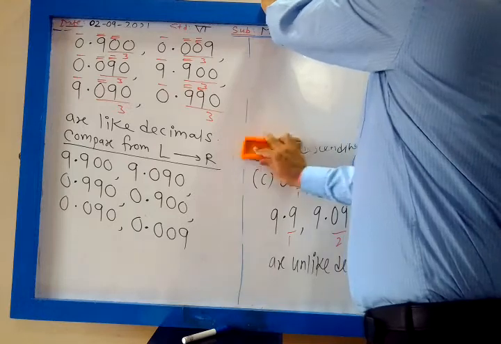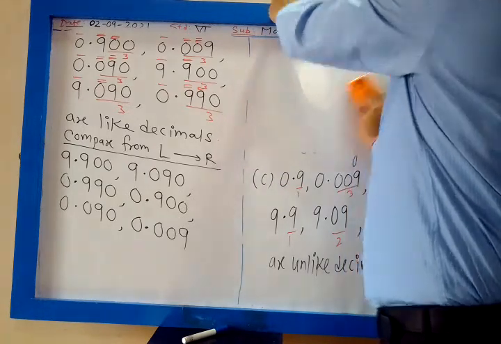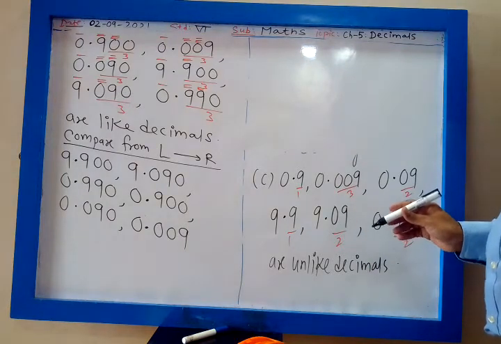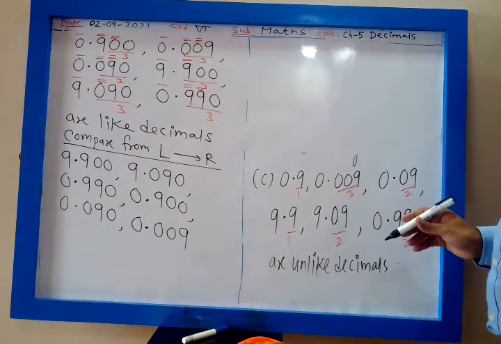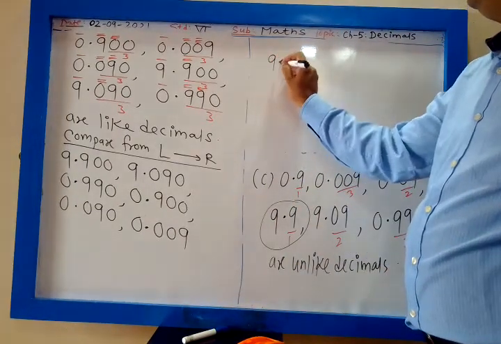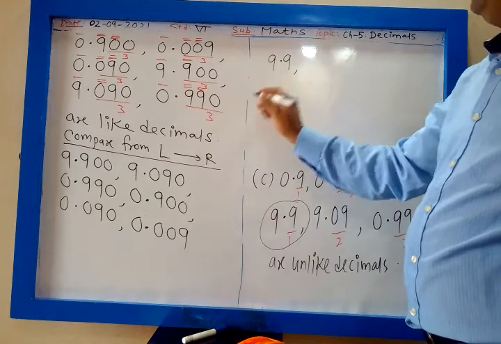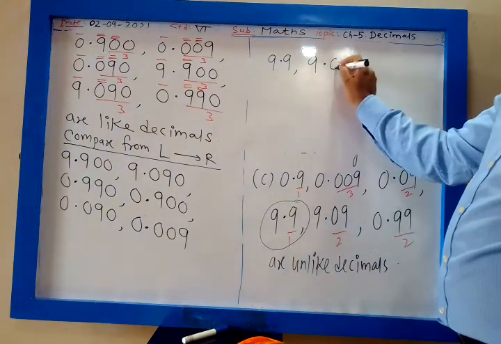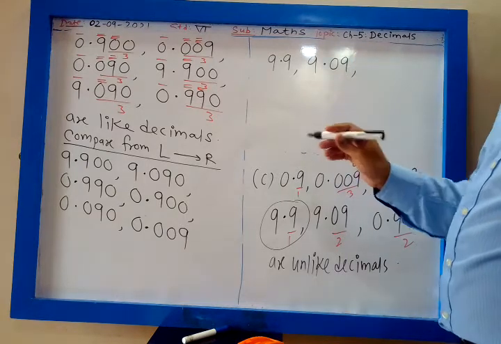Okay. So tell me, what is 9.900? That is this number. 9.900 is 9.9, no my dear. Then 9.090 is 9.09. After decimal 0 does not matter.